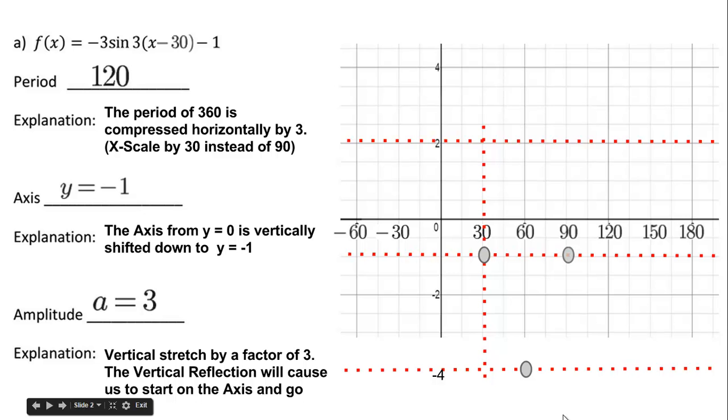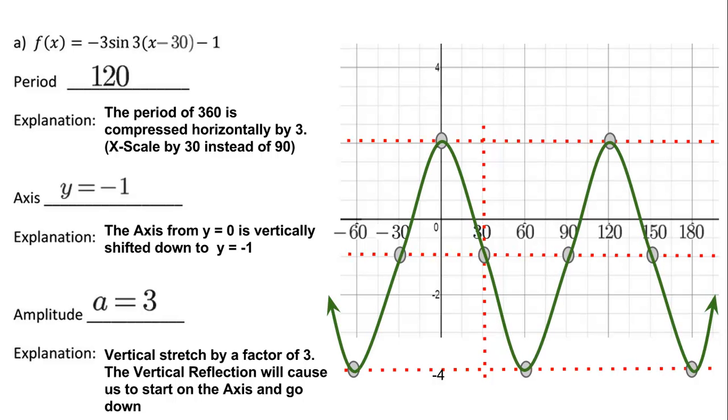The next point's 30 degrees from there, then 30, then 30, then 30, and back the other way, 30 and 30. We'll just draw 2 cycles, and we've got our sine curve. Okay, so it's similar for each one of them, and that's the best structure. Just take the period, the axis, and the amplitude, and you can just go one step at a time.